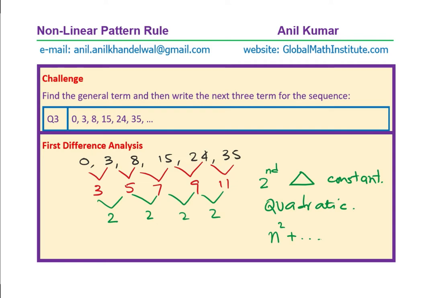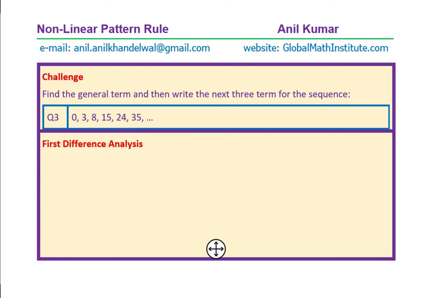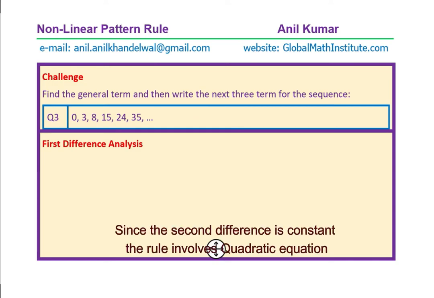Let's write down the term numbers now. So here is the approach towards the solution. We have figured out that the second finite difference equals 2, and therefore we have a term n squared. So we have n squared plus something, correct?